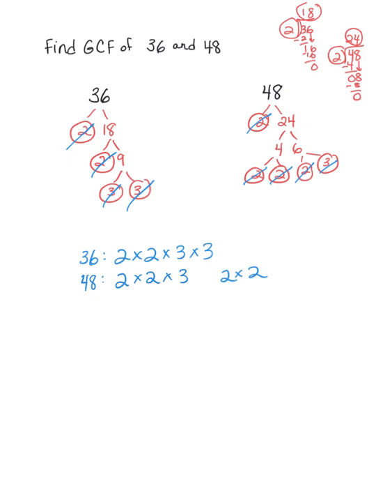Now here is where we're looking for our pairs, our matches. Our matches that we have for 36 and 48, we have a 2, another 2, and a 3 that are pairs. So what are the common prime factors? Well, 2 is common between them, another 2 is common between them, and the 3 is common between them.